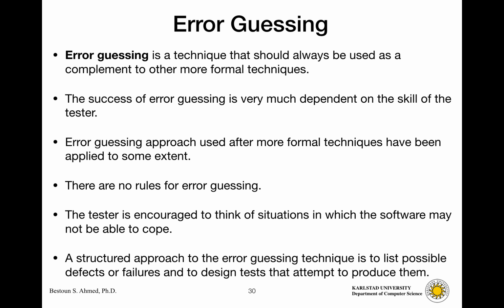Another kind of test design is the experience-based testing technique. This is a kind of informal technique, but it is very useful. For example, error guessing comes from experience: you guess what kind of error you can have in your software, and then you test this situation specifically to see whether there is an error or not.